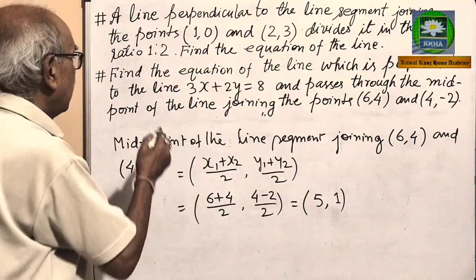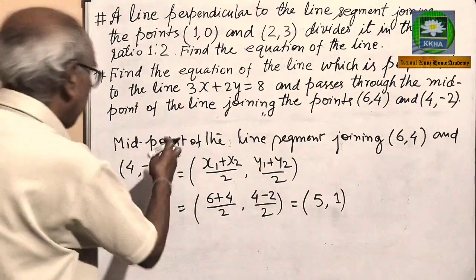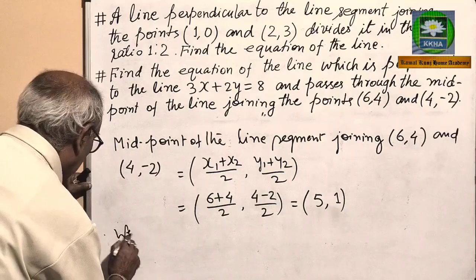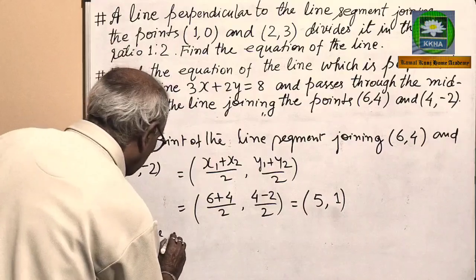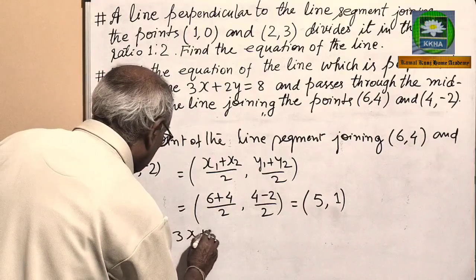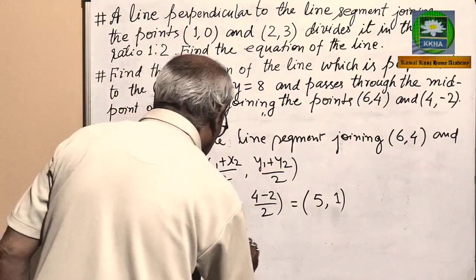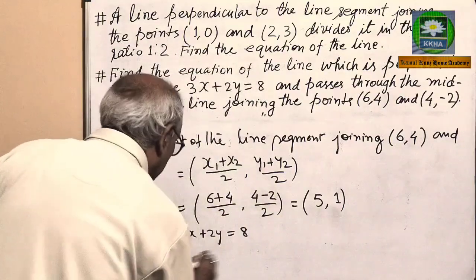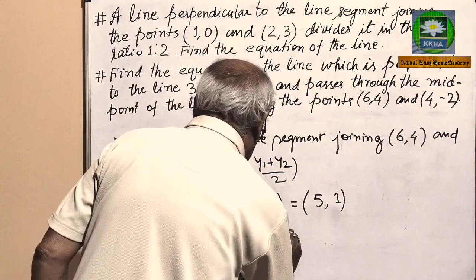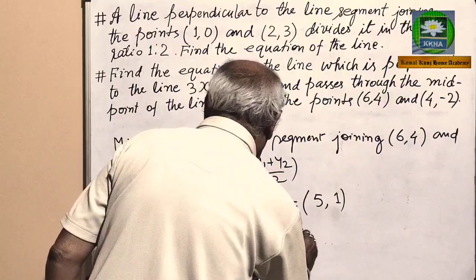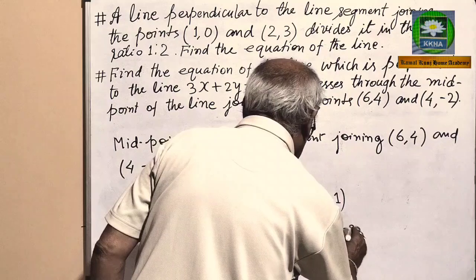Now this line is perpendicular to this line. So we have 3x + 2y = 8. This implies that 2y = -3x + 8.